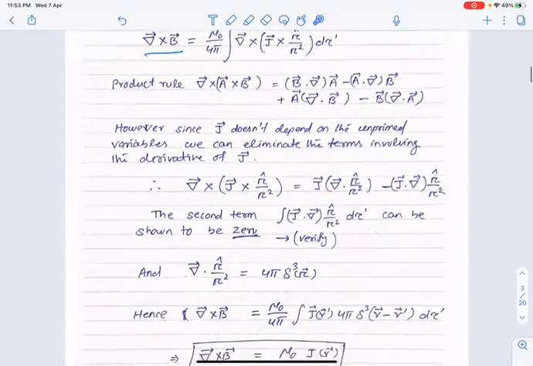Here you can safely eliminate the derivative of J, because J is a function of prime coordinates, so the derivative with respect to normal coordinates like x, y, z will yield 0. If you get rid of those derivative terms, you only have these two terms.